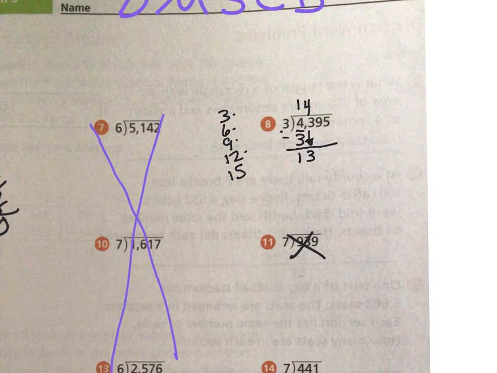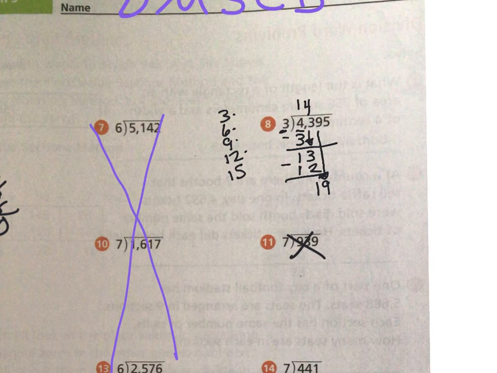And then I say 4 times 3 over here is 12. I subtract. 3 minus 2 is 1. I look up. I still have a number to bring down, don't I? Take my arrow, drag it all the way down. Bring my 9 down, and I have 19.